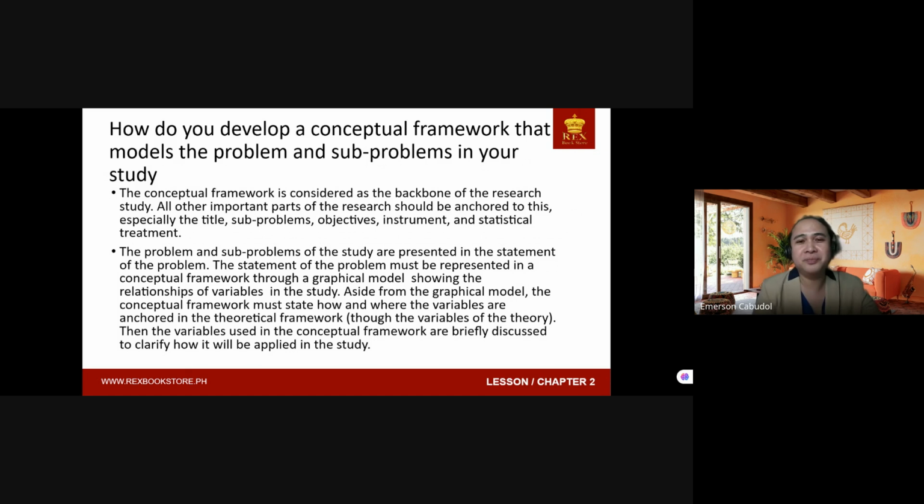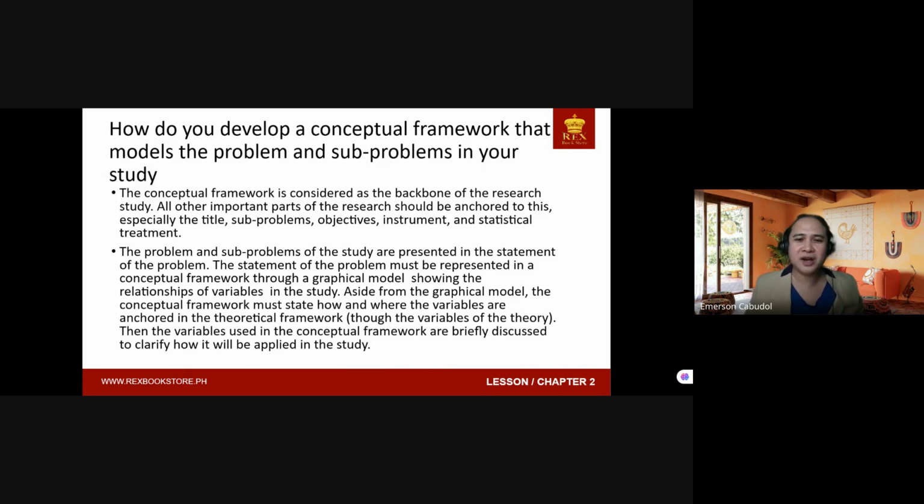For example, if studying factors influencing employee performance, the conceptual framework might have a graphical model showing how training, motivation, and work environment, which can be your independent variables, relate to employee performance, which is the dependent variable.